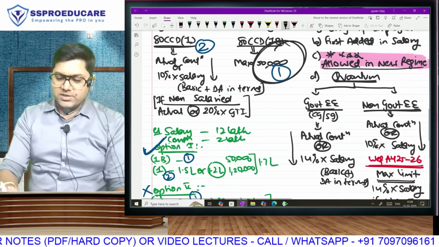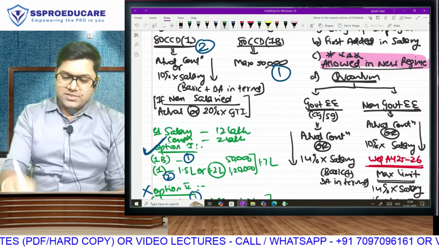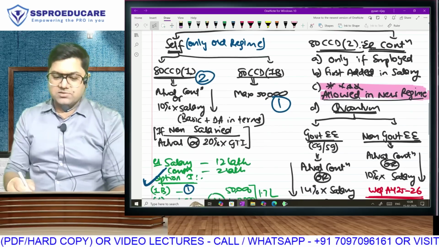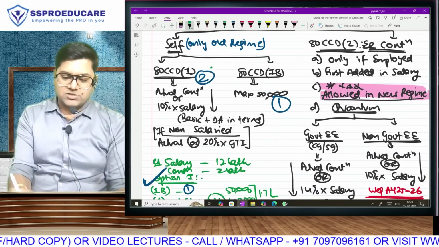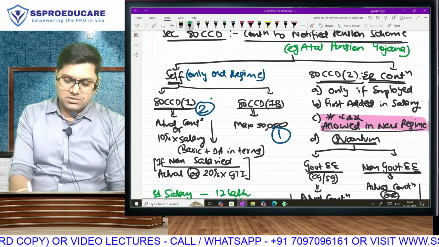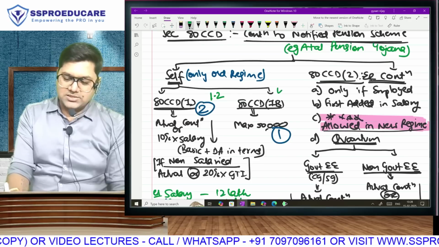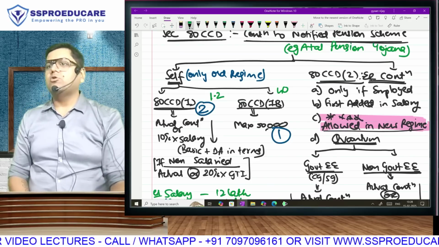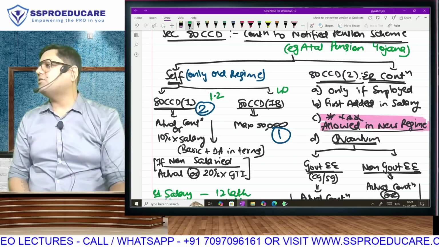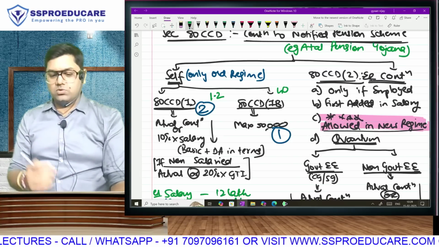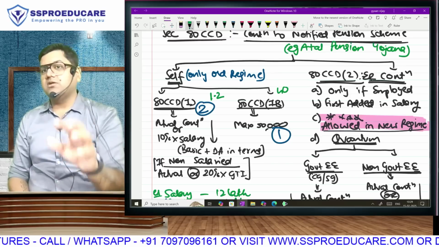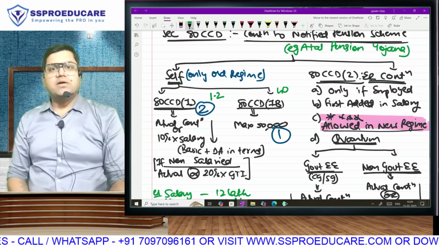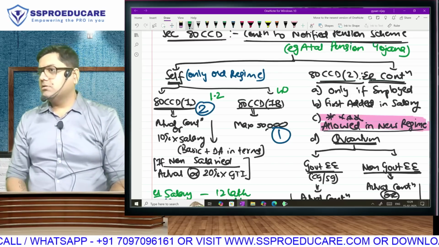I'll tell you the reason. In this example, it is not making a difference. But supposing here my answer was coming to 1.2 lakh, and here my answer was coming to only 40,000. My total contribution, say, was only 1,60,000. So I give subsection 1 first, restricted to 10%, 120, and the balance I take. Correct?